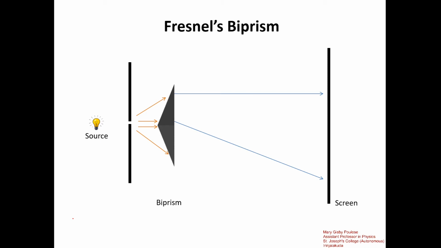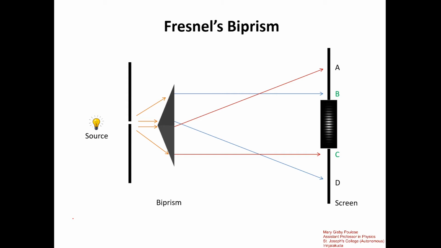And light from the lower refracting surface refracts in this manner, represented by the red rays. So on the screen, we have these points. These two sets of rays interfere in the region BC and produce an interference pattern in the region BC. Again, the nature of the interference pattern is alternate bright and dark regions of equal fringe width.